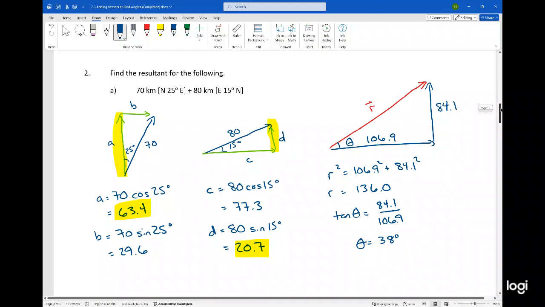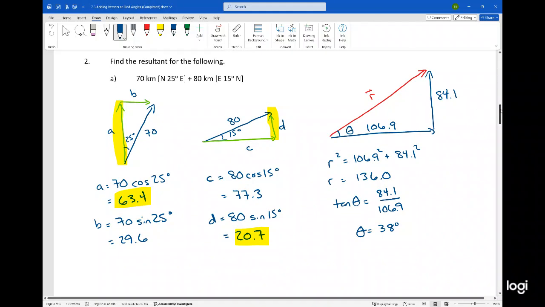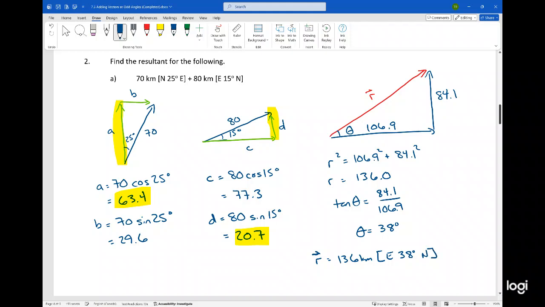All right, so that means that when I put this all together, my final resultant vector is equal to 136 kilometers, and the direction is going to be east 38 degrees north.